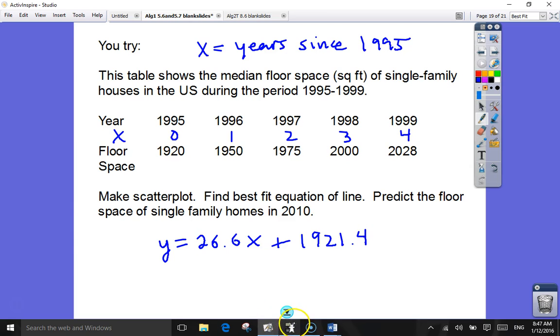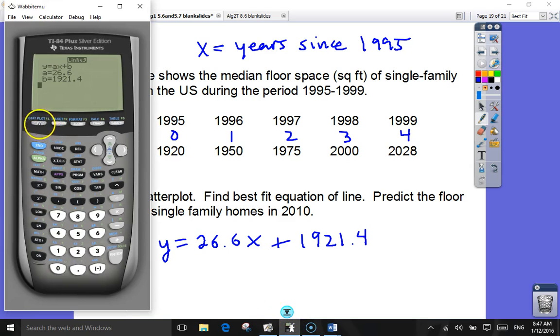Right, so now I can go back to the calculator and put that. Does it look like a good line going right through the data?